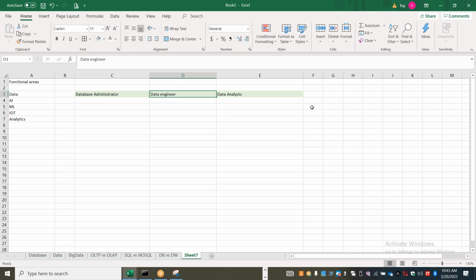They have to learn different skills, different tools, different technologies in order to be good at what they are doing. This is where people have to get a proper understanding, and they can choose any of the functional areas after the cloud. I'm not talking about along with cloud. Once you are familiar with one or two cloud environments, then you can choose a functional area.